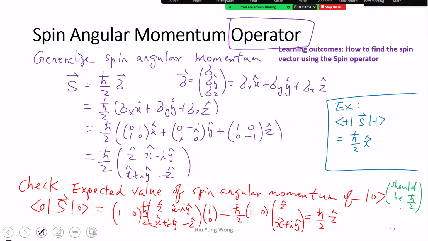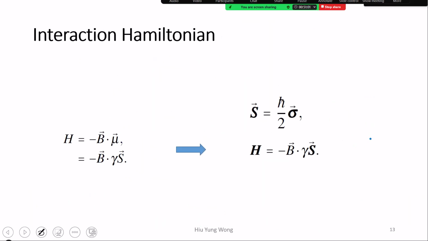In order to find the energy, the spin angular momentum operator is what we need. It's not the vector, it's the operator. Earlier I told you this is just the vector, but that is incomplete.